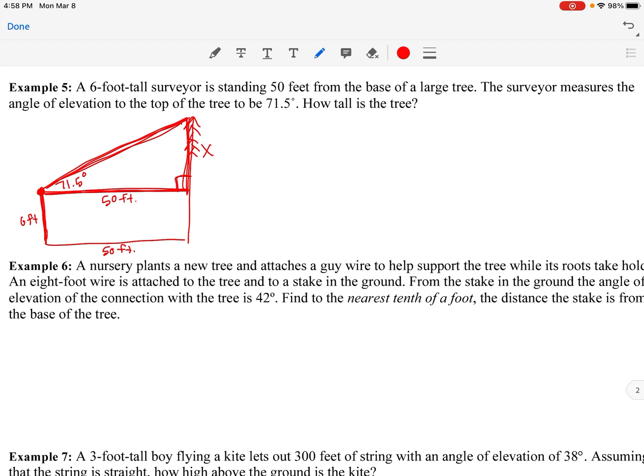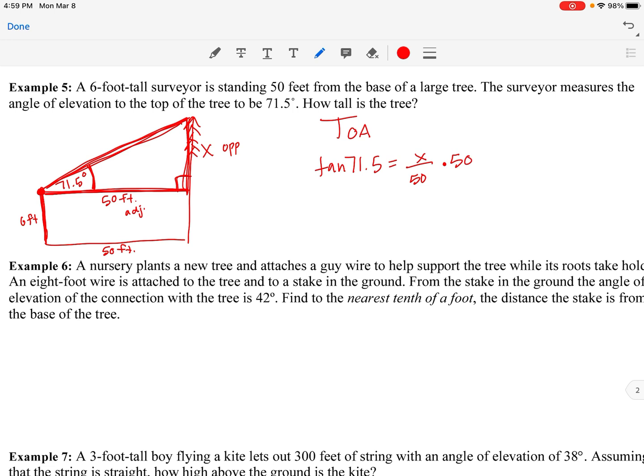So 50, 50. And then here we go. So we have our angle of focus right here. So we have our adjacent and we have our opposite. So of that, TOA is going to be the one to use. So tangent, we know the angle this time, equals opposite over adjacent.